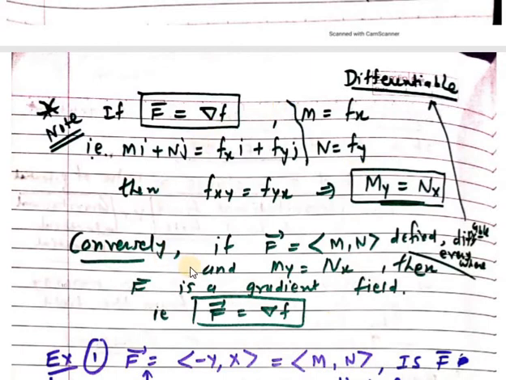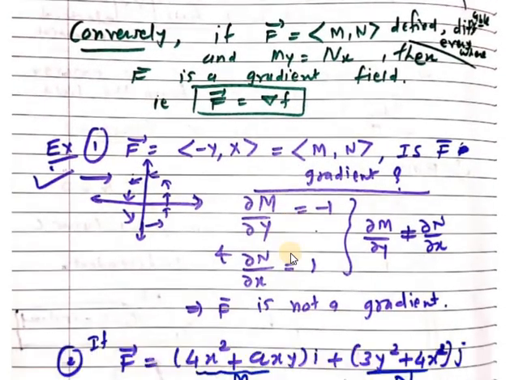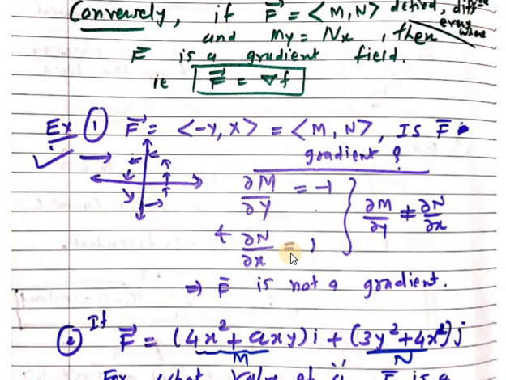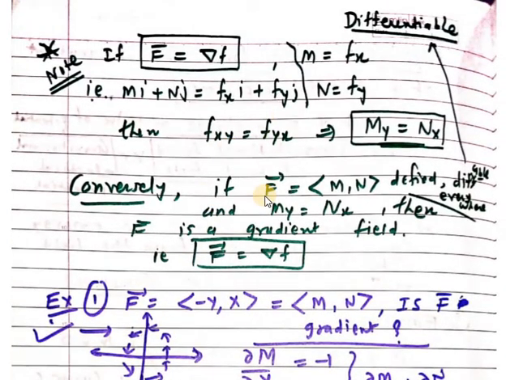This is for you to understand. So let us consider a small counter question. This can be asked in your MCQ examination. F is equal to (-y, x). Is F a gradient? That means, does there exist a scalar potential function f so that F is equal to its gradient? Here it is not asked to determine the scalar potential function, so you only need to follow this.